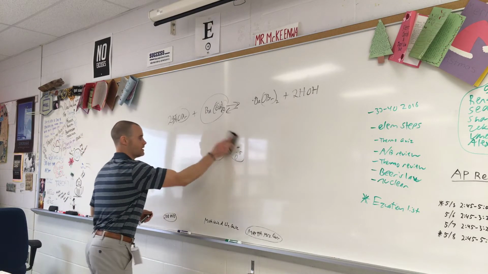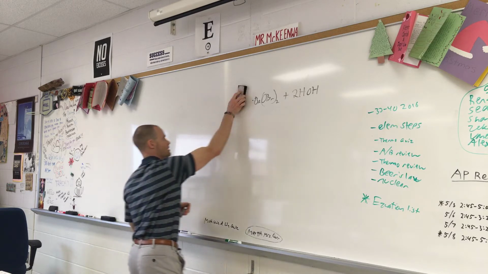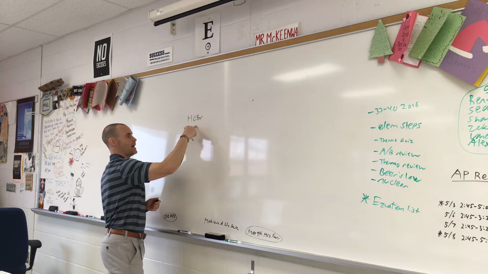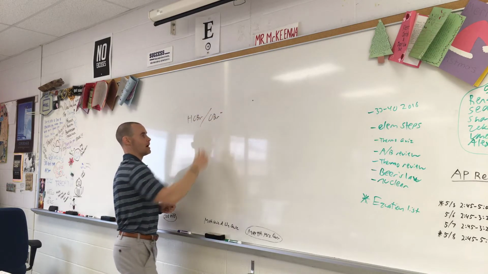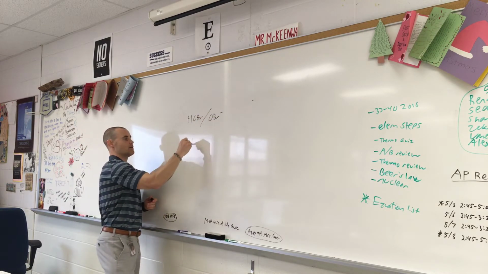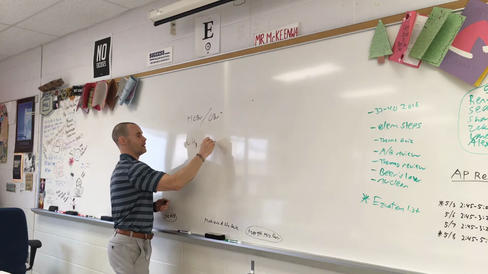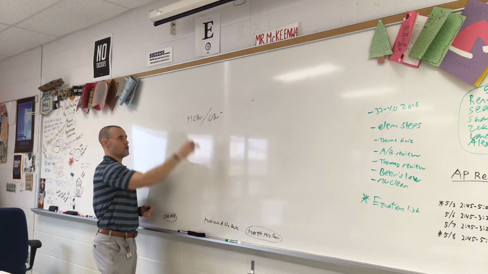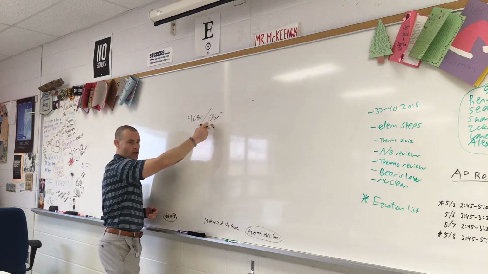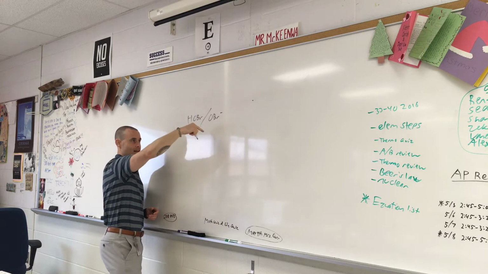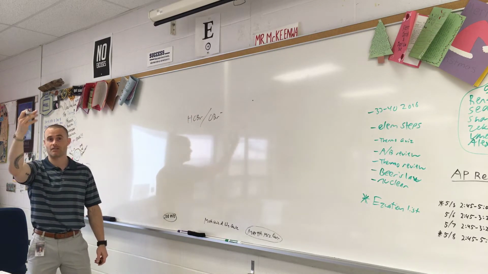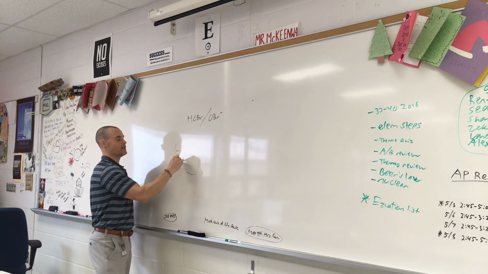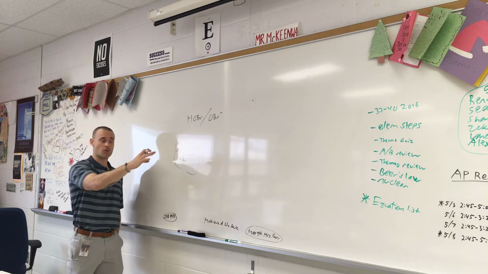So a buffer is a weak acid and its conjugate base, or the other way around. So if you have HOBr and then OBr minus, or the other common one is ammonia with NH4 plus, so the base with the conjugate acid. Another way to explain that is you have a weak acid and its salt. The way the salt gets in there is they do usually sodium or potassium, like an ionic solid. So inside the container, if it's a perfect scenario, you have equal concentrations.